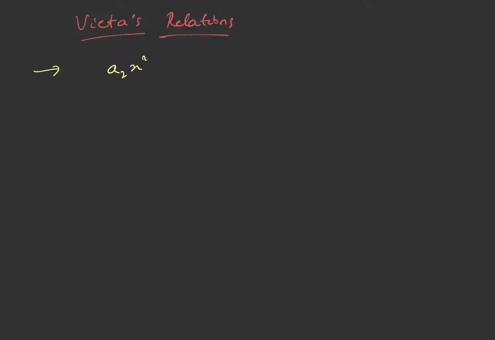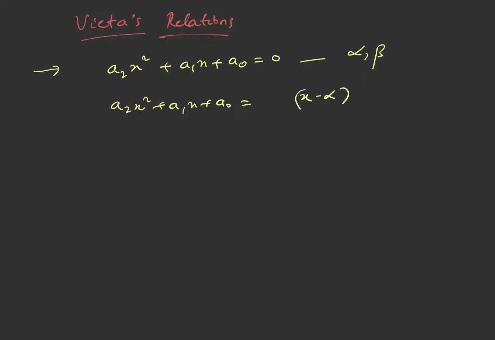Say you have a2x square plus a1x plus a0 is equal to 0 as your quadratic equation. Let us say the roots of this equation are alpha and beta. If the roots are alpha and beta, then you can write a2x square plus a1x plus a0 as x minus alpha into x minus beta, and there is a leading coefficient a2.